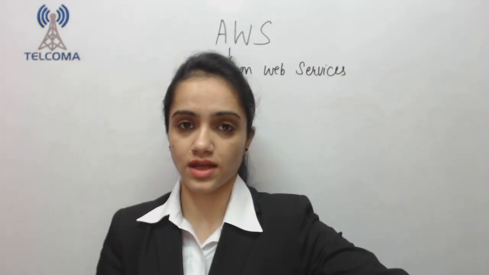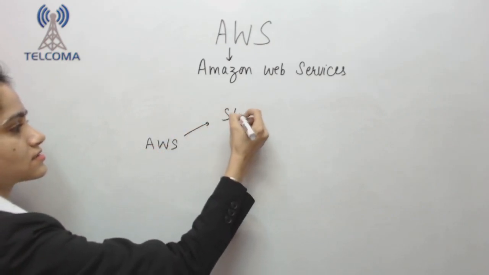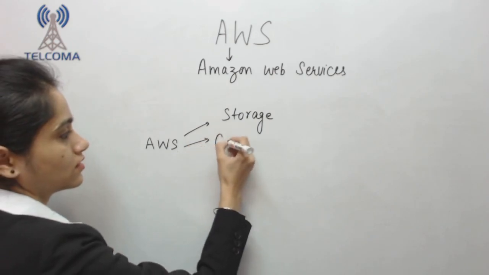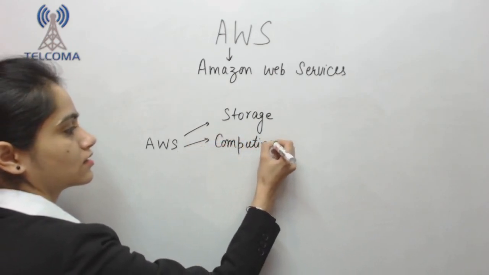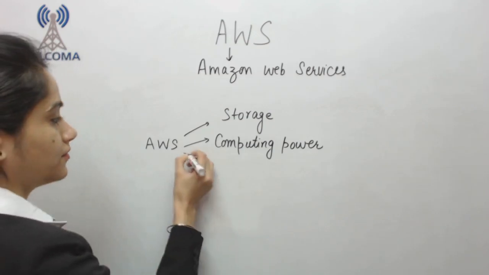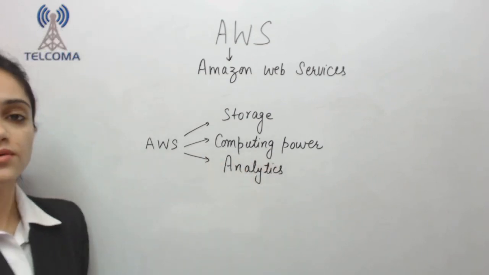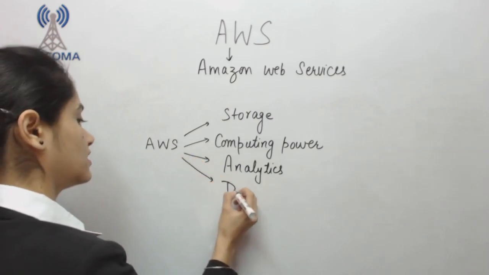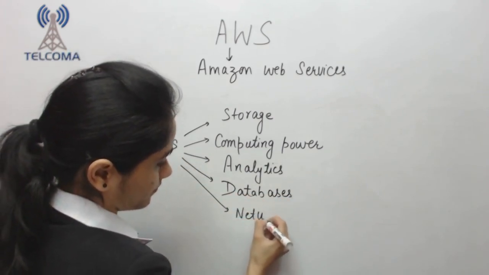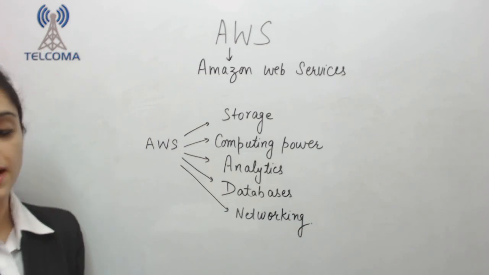Now in AWS, which is Amazon Web Services, we have storage, computing power, analytics, databases, as well as networking.